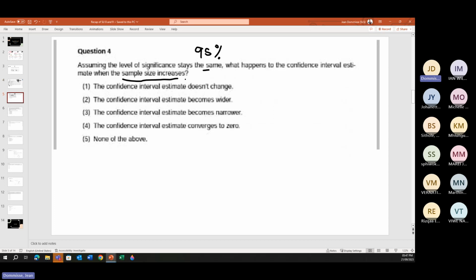So as sample size increases, the confidence interval estimate doesn't change? That is definitely not. Confidence interval estimate becomes wider? It's actually the other way around. Confidence interval estimate becomes narrower.